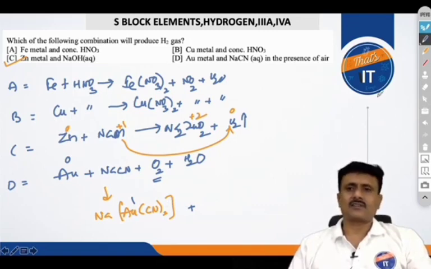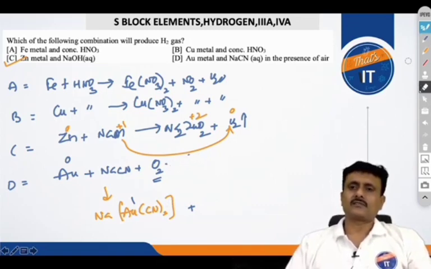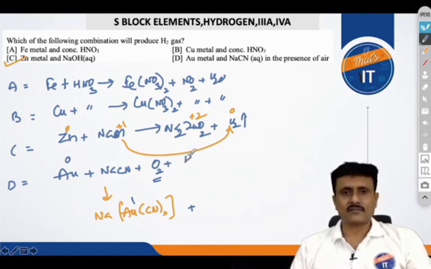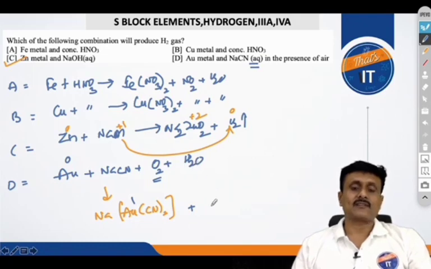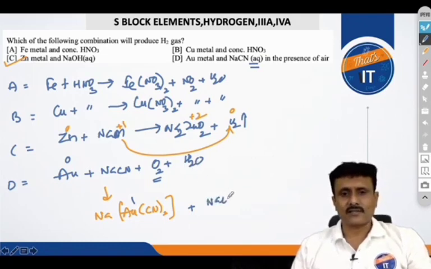Cyanide is involved. Water, I don't think we require to produce here. Yes, if you write water also, it doesn't make any difference. It is an aqueous solution, so you need to write water here. So the product obtained is NaOH.